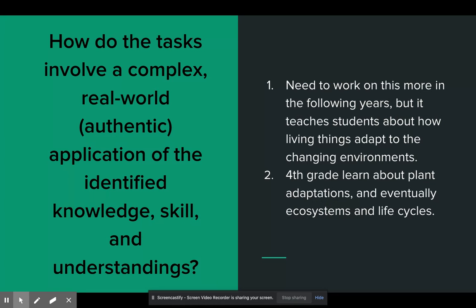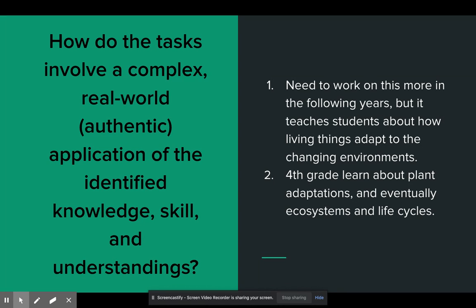How did the task involve a complex real-world application? So this is something I really need to work on more in the following years, but it definitely teaches students how living things adapt to the changing environments throughout the world.